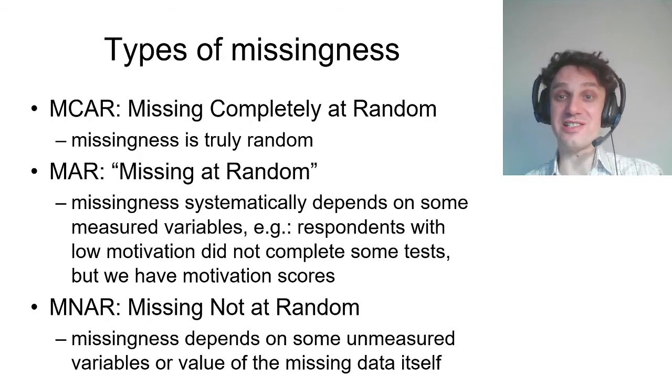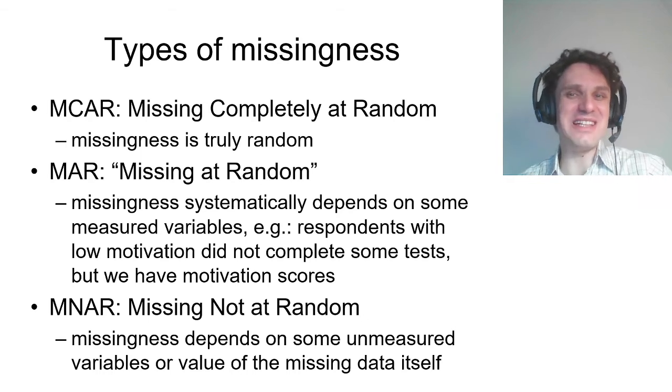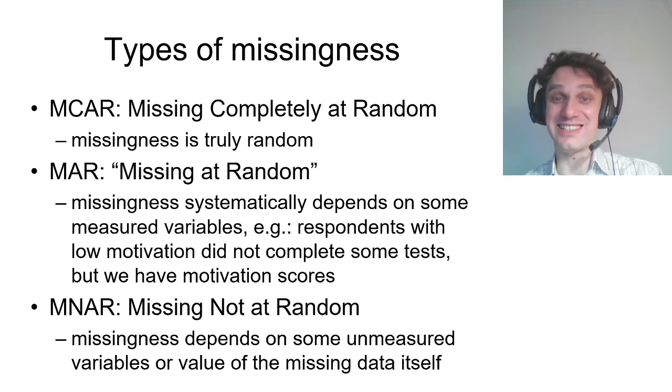However, there are situations when the reason why the data are missing is not completely random. The second situation is quite misleadingly called MAR, missing at random, kind of missing at random, but not completely. It's a situation when your missingness systematically depends on some other measured variables.